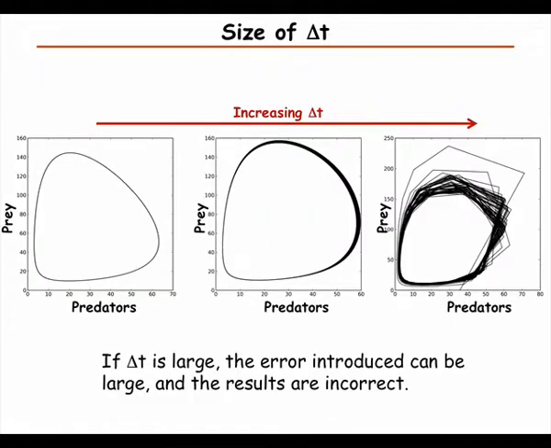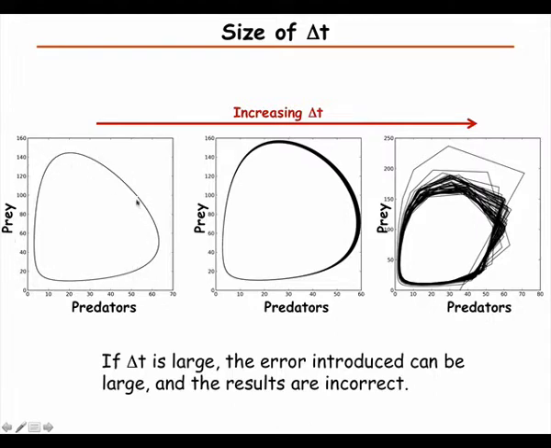Now, one thing we saw is that we could do this when we chose a very small time step. But of course, if we start choosing a larger time step, we're going to introduce errors. So here is a small time step where we can repeat this circle many, many times.